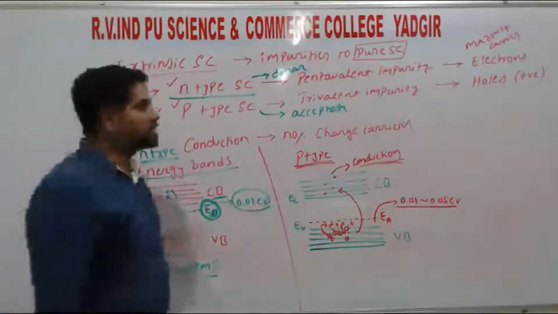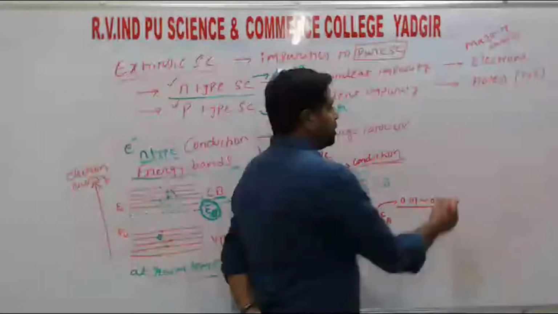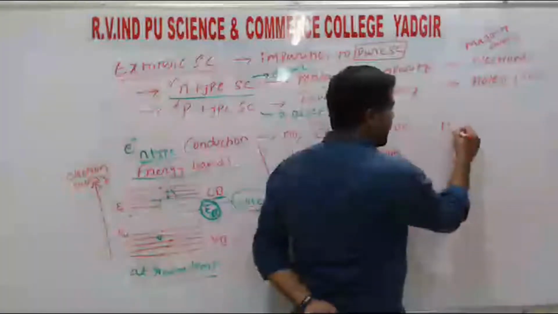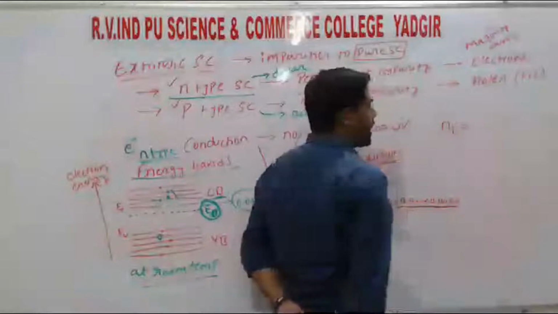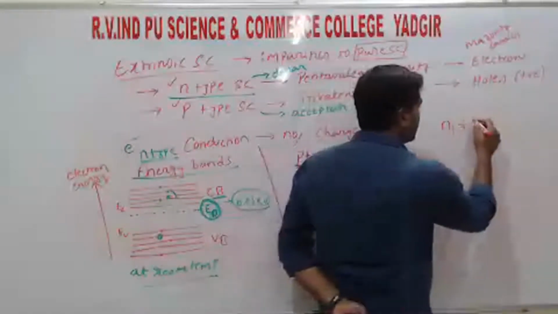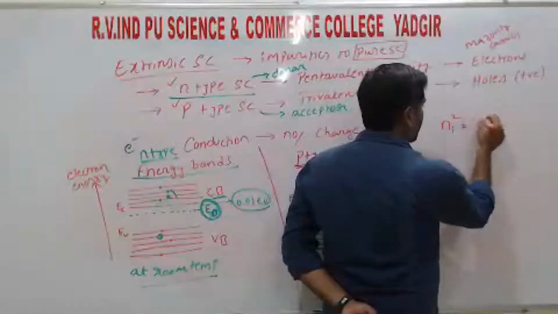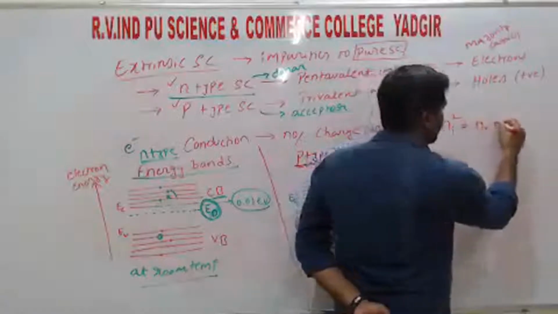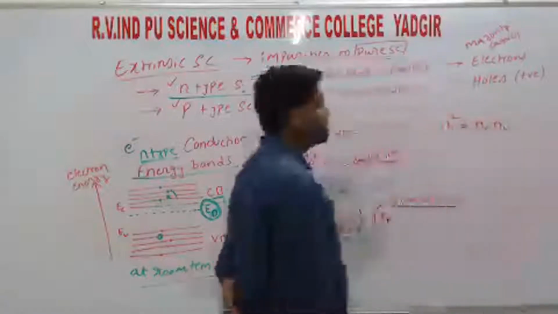So the net charge carriers in these bands can be given, at equilibrium, as Ni square equals Ne into Nh.